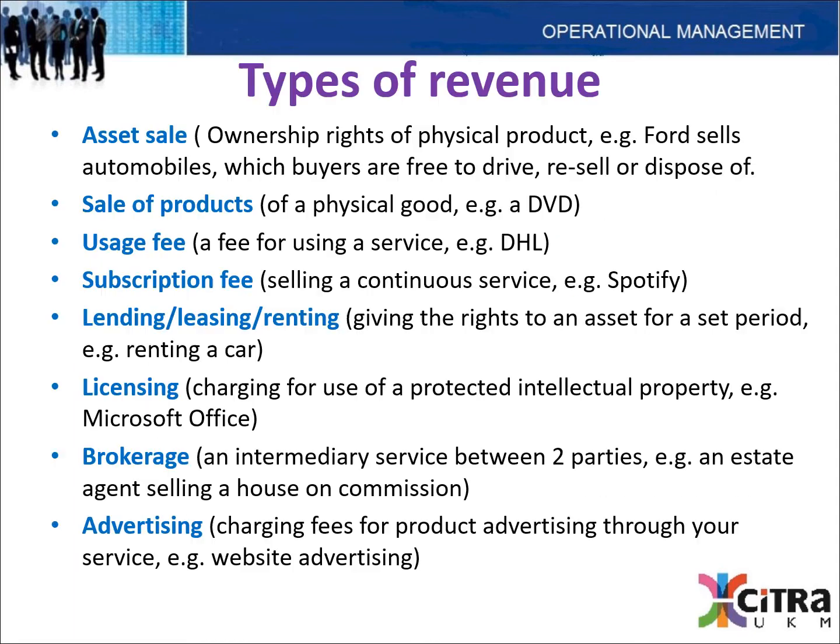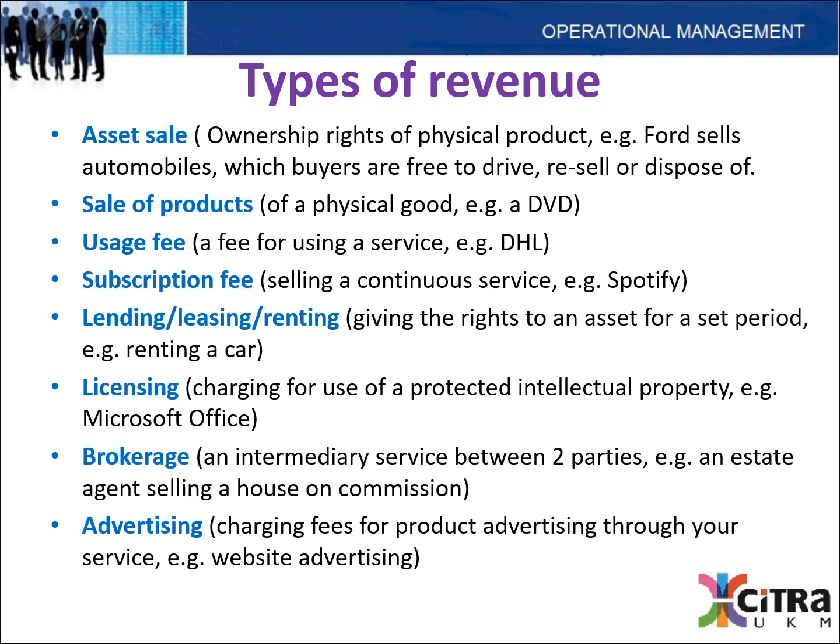Okay, this is the list of the types of revenue. It's either asset sale. Asset sale is ownership rights of physical products. For example, Ford sells automobiles, or BMW sells cars, whereby the buyers are free to drive or resell or dispose of their products.